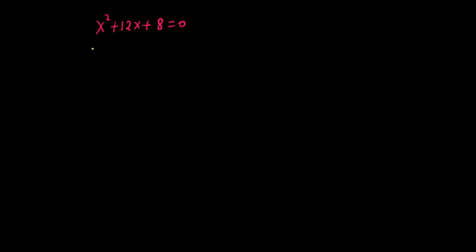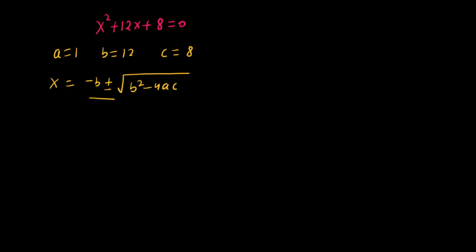Here we will apply the quadratic formula. The value of a is 1, the value of b is 12 and the value of c is 8, and the quadratic formula is x equals minus b plus or minus square root of b square minus 4ac, divided by 2 times a.